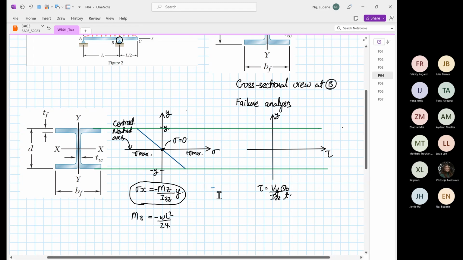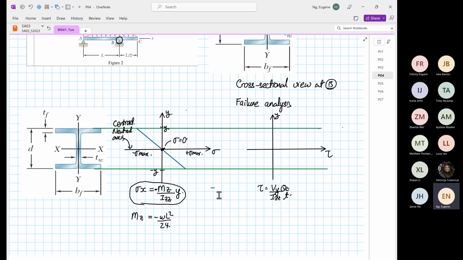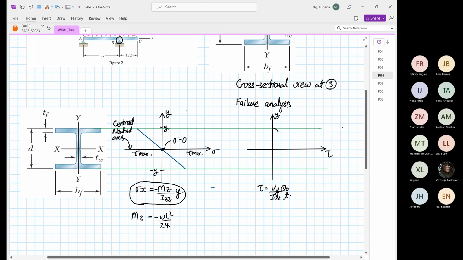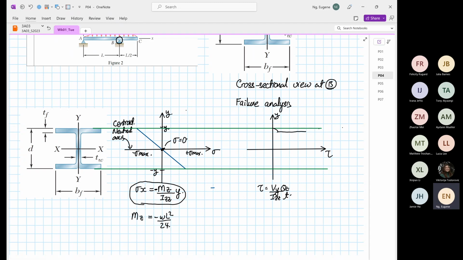Now I'm going to sketch how the shear stress will be distributed. Again, this is a sketch. It will look like this. Then you go straight up. Don't worry if you don't know why yet; once I start teaching shear stress, you will understand why.